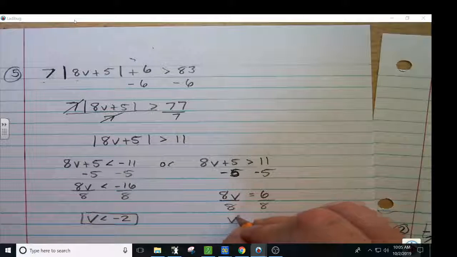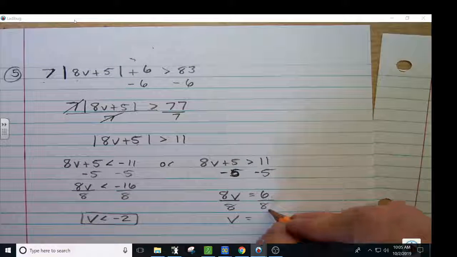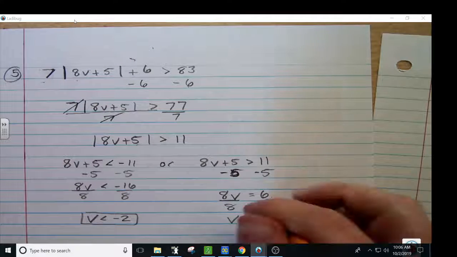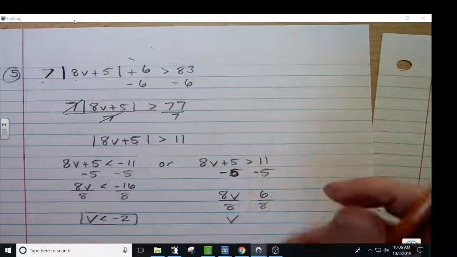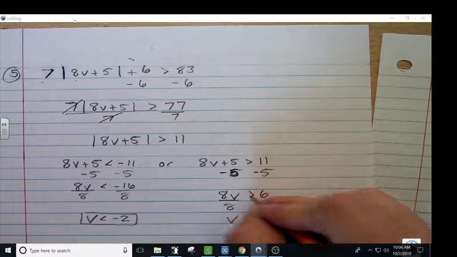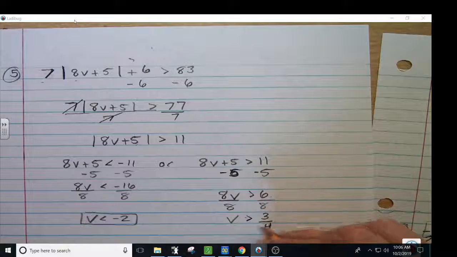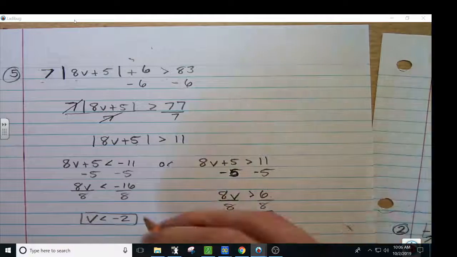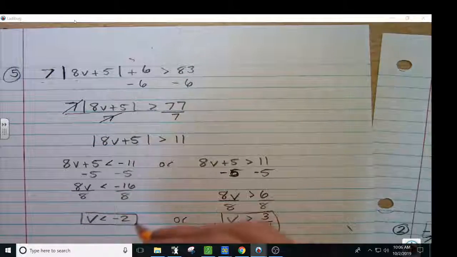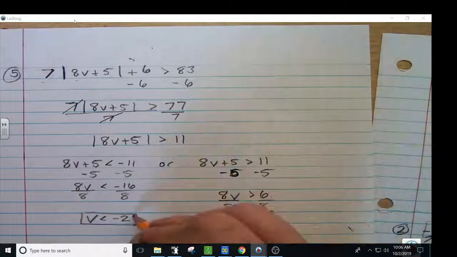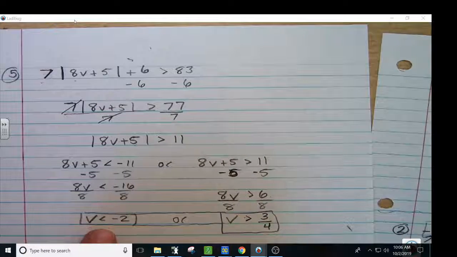That is v equals 6 over 8, which becomes what? What does 6 over 8 reduce to? 3/4, right? That would be your answer right there, guys. The boxed in part. So it'd be v less than -2 or v greater than 3/4.